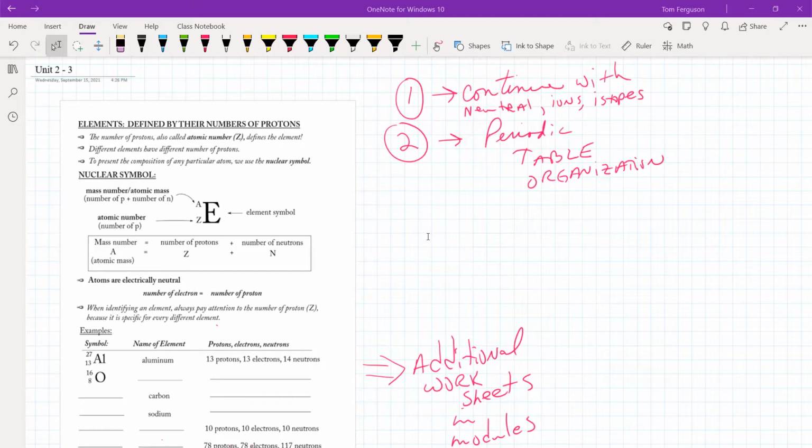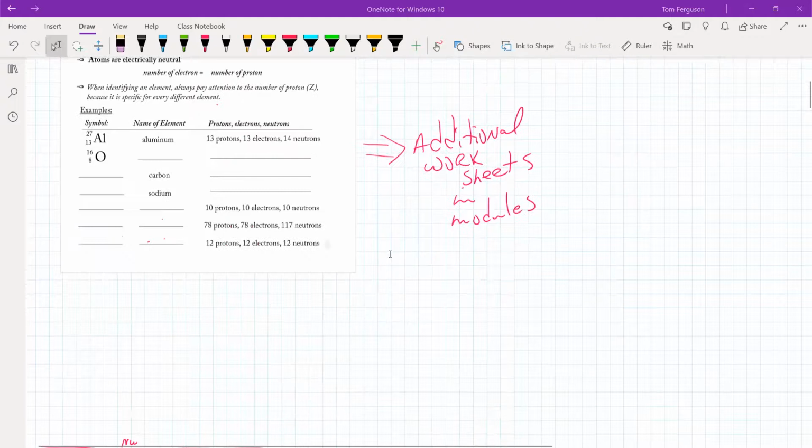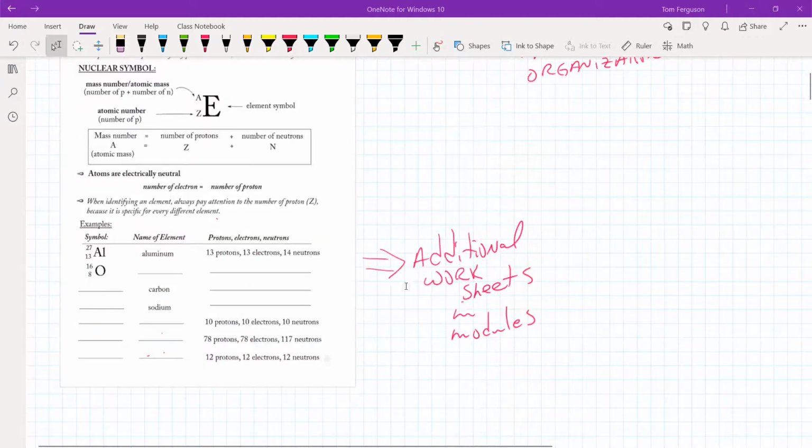Okay, so on Monday, one of the last things we talked about was a neutral atom and how many protons, neutrons, electrons, and a little bit of history. So I'm going to continue on from there. What I'd like to do is review towards the end here, which is where the additional worksheets come in, and those I have under modules.